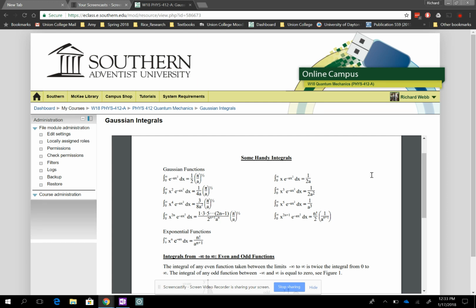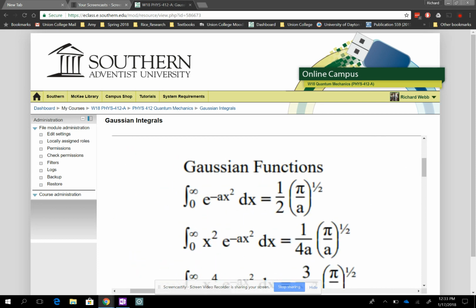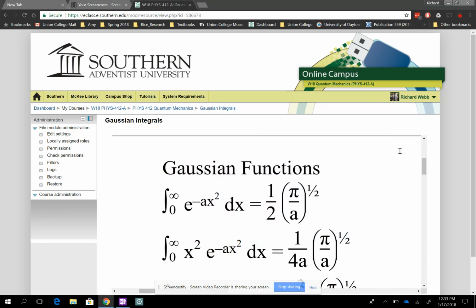It's e to the minus alpha x squared dx, or a instead of alpha. So that's exactly what we have, except for the limit. It's going from 0 to infinity.